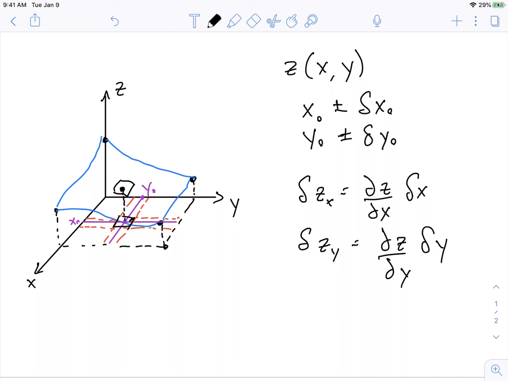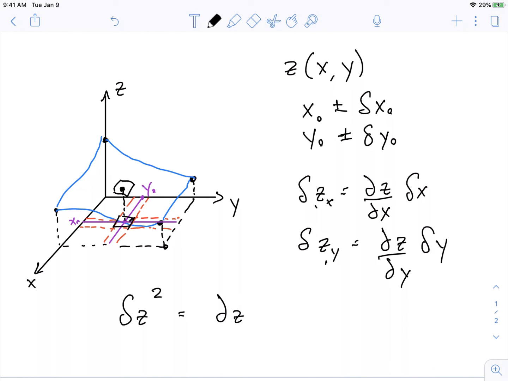But the way we do this is called adding in quadrature. So the rule is that the change in z squared, the uncertainty in z squared, is equal to these individual uncertainties added in quadrature. And so you can get this rule by looking at how Gaussian statistics work, but this is where it comes from.